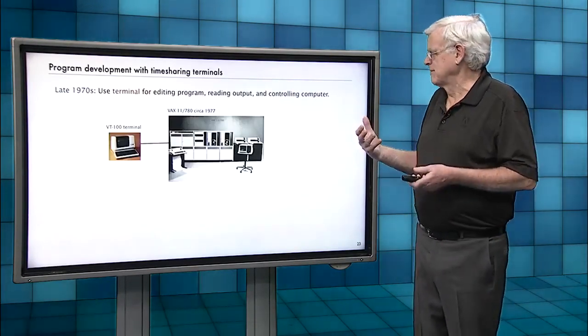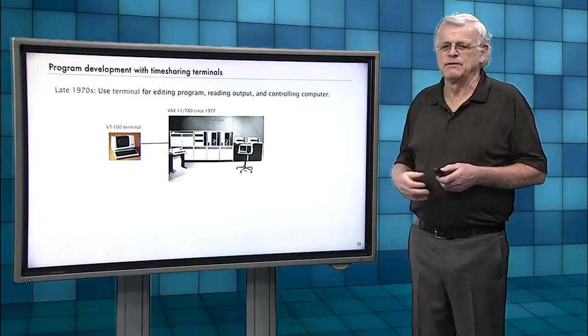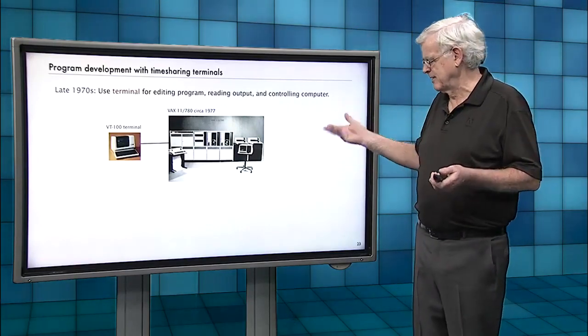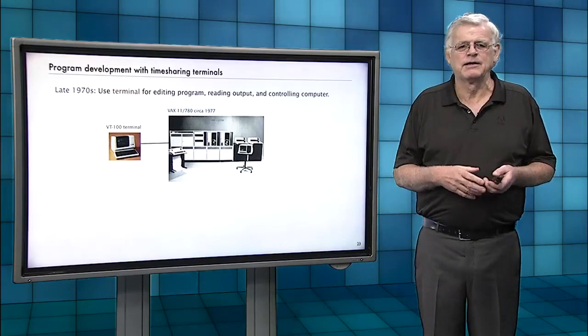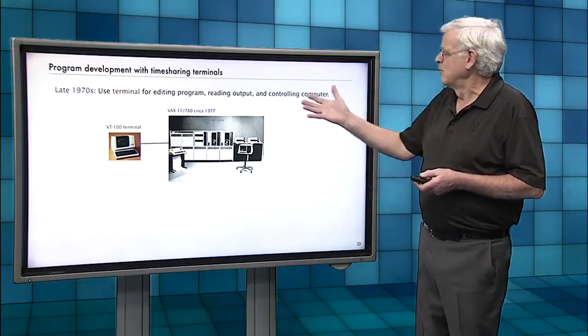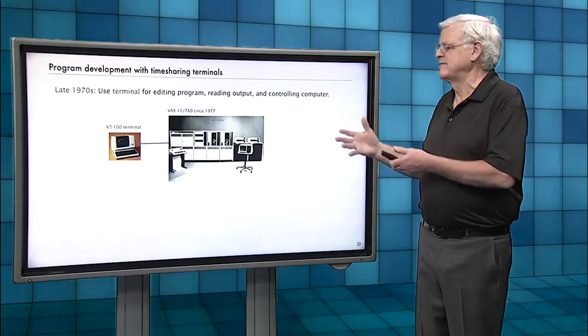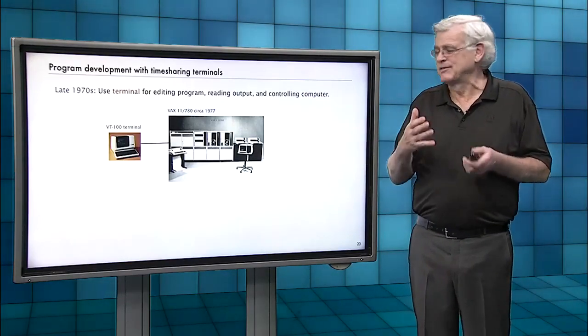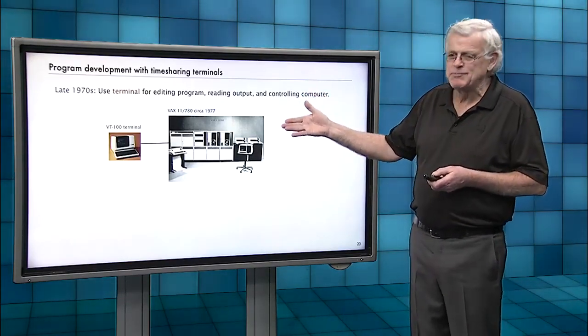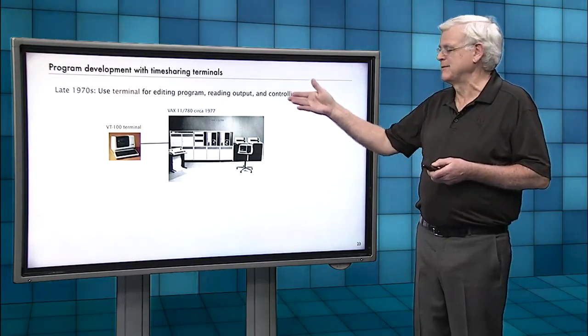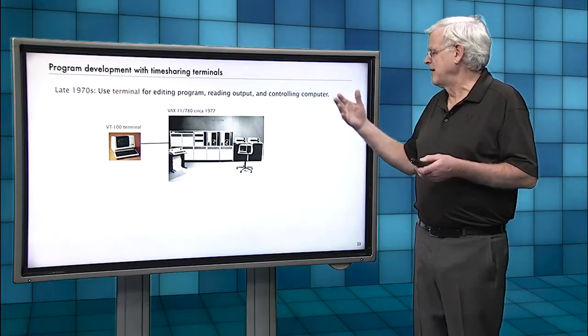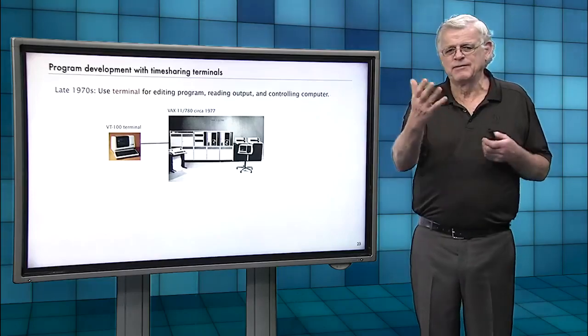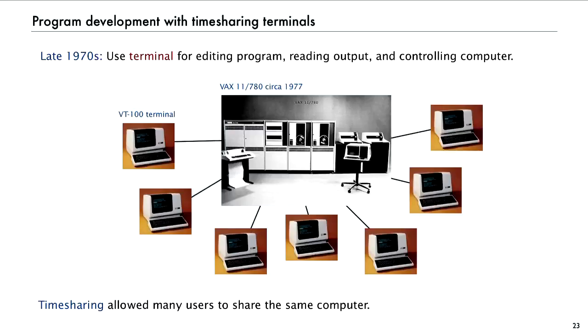Before very long, what we wound up using, say in the late 70s and 80s, even a little bit into the 90s, was terminals that connected to a big computer. So you didn't have to go to the computer center. You could sit and you had your own keyboard for input and your own display for output. If you wanted to print, you had to maybe fool around a little bit. But the thing was that many users could share the same computer.